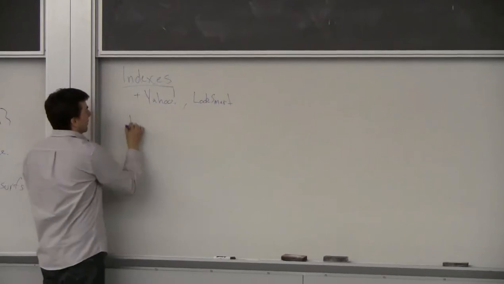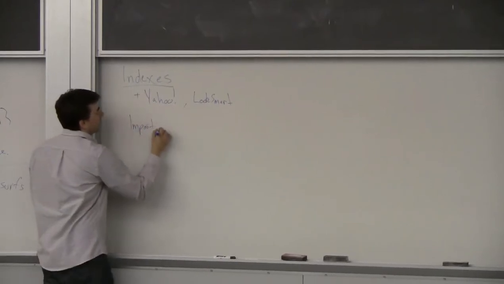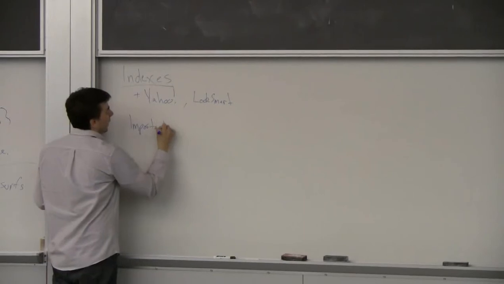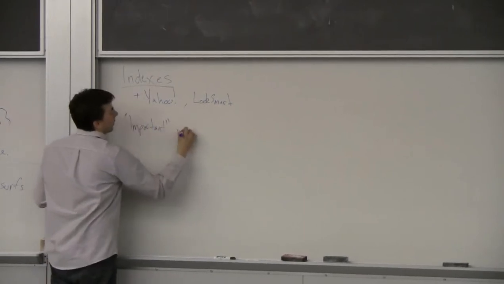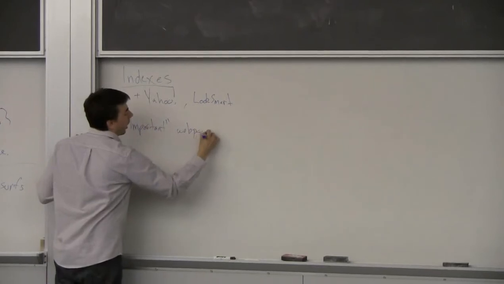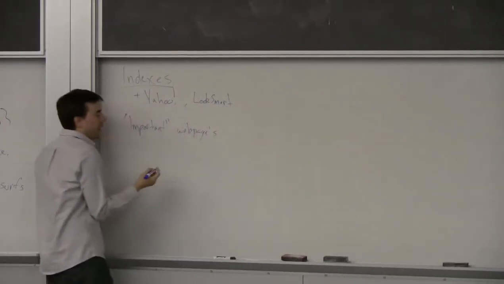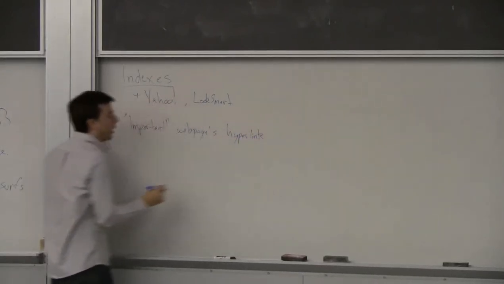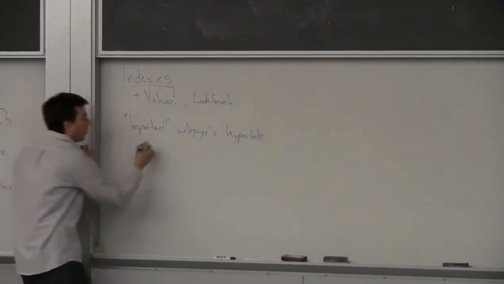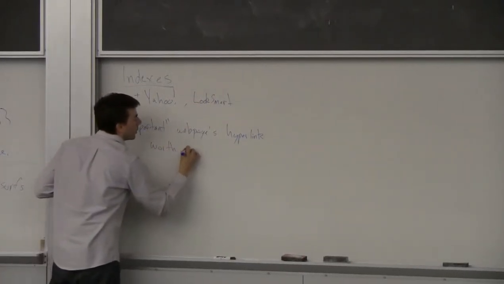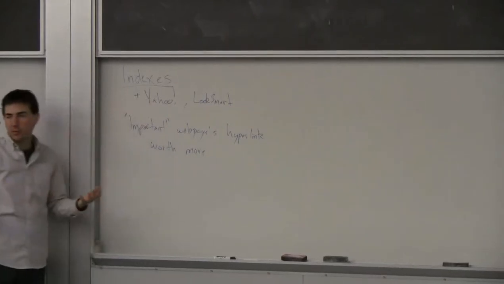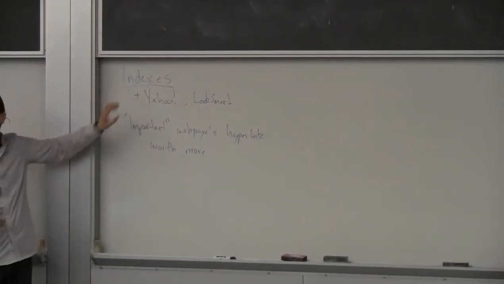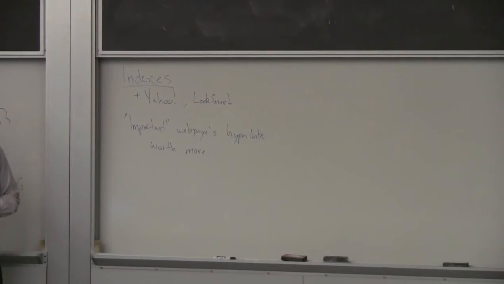So the idea was that an important web page's hyperlink was worth more than that of a random web page. Maybe Stanford.edu back then was trustworthy, and so if they linked to something, it was probably worth following.